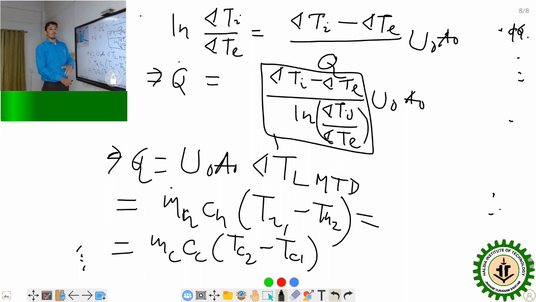So as per your given data, you can calculate that. In the next class we will go for the same analysis for counter flow heat exchangers. Thank you for joining today's class.